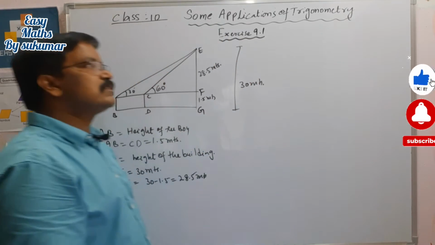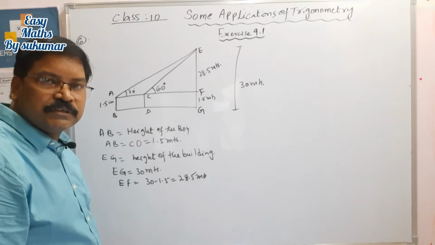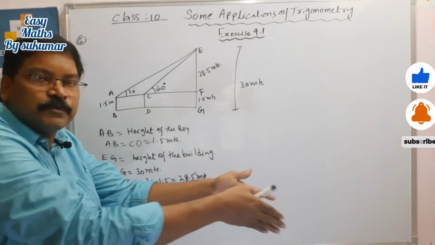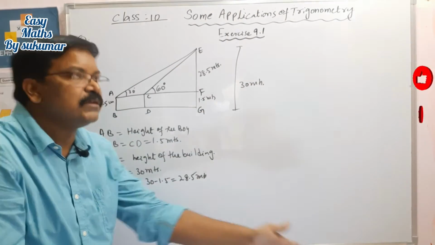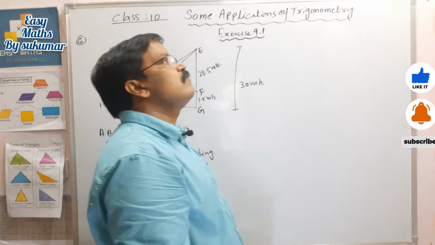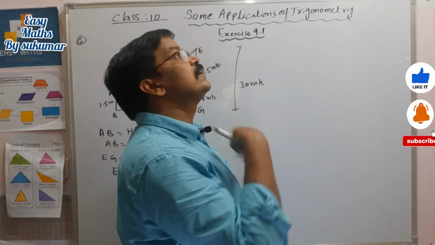When I was here, the angle of elevation was just 30 degrees. But after I walk towards the building, the angle of elevation changes from 30 to 60 degrees. Here it is increased.